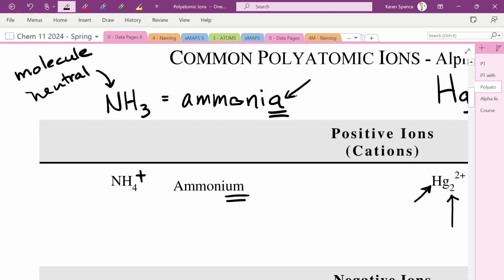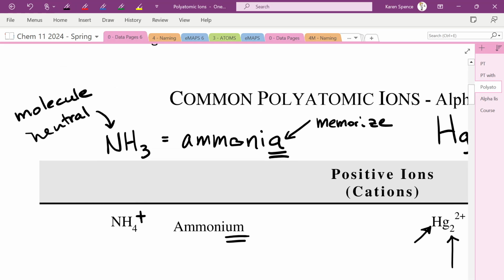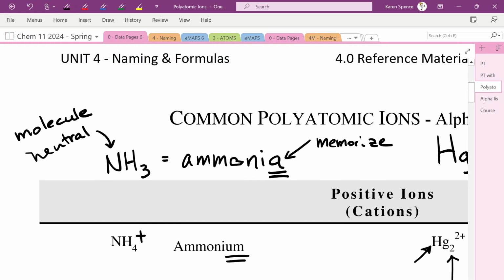And this one, I would ask that you please memorize, because you will come across it very often, both in Chemistry 11 and in Chemistry 12, if you should take Chemistry 12. So please memorize ammonia. When you are writing it on a test or a quiz, you can choose.